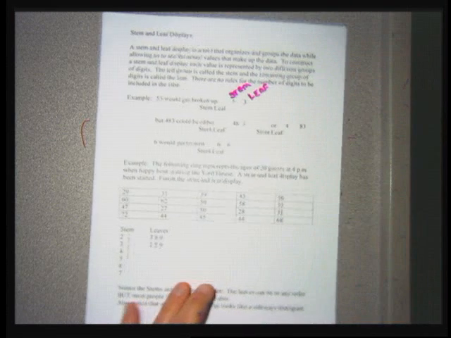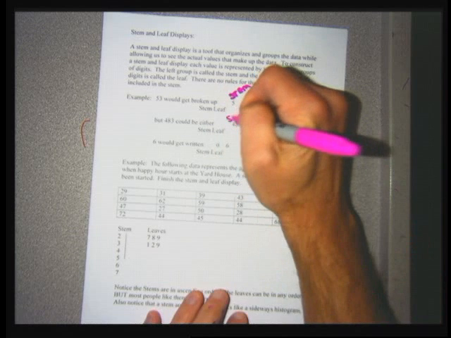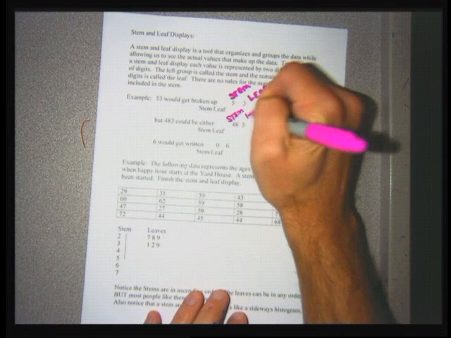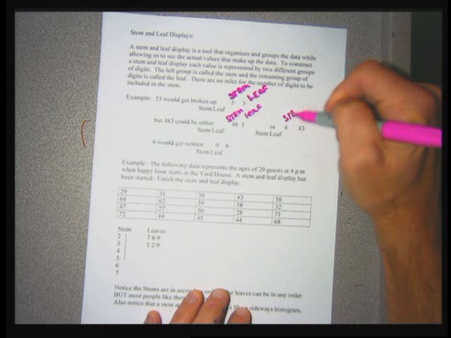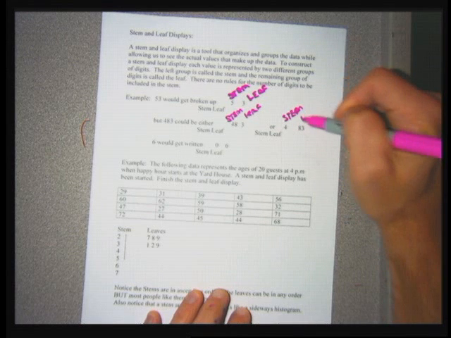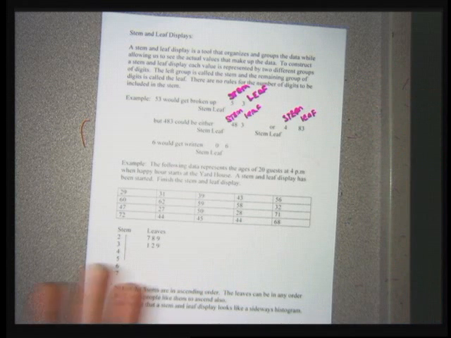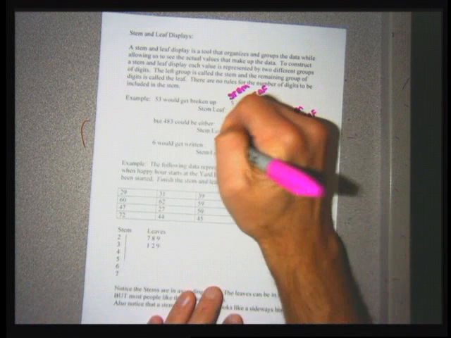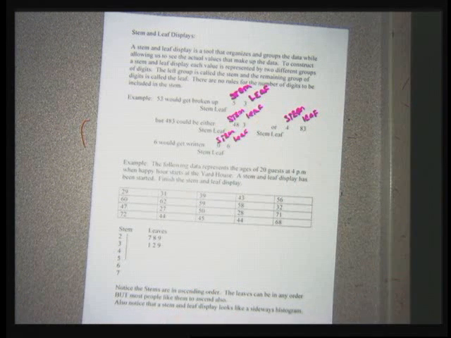The number 483 can be broken up into the stem of 48 and the leaf of 3, or a stem of 4 and a leaf of 83. 6, because it doesn't have a 10 part, we can say its stem is 0, its leaf is 6. A stem and leaf plot, again, it's just a way to organize data.